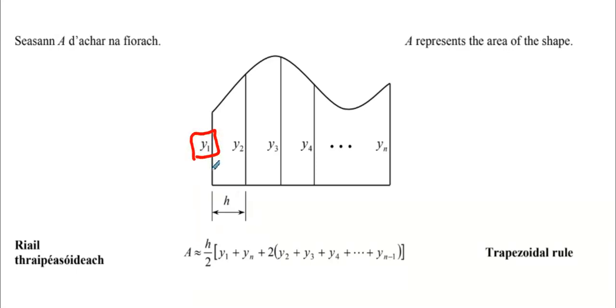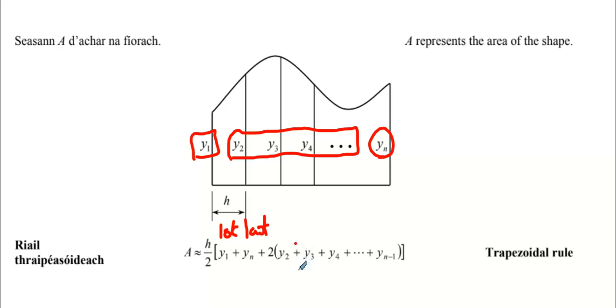That's your first height. Everybody see Yn? That's your last. Everybody see Y2, Y4, all the in-betweens? They're what's called your remainder, your remaining heights. See the H value down the bottom? That's your gap between lines. Just called the H value, not necessarily the height.